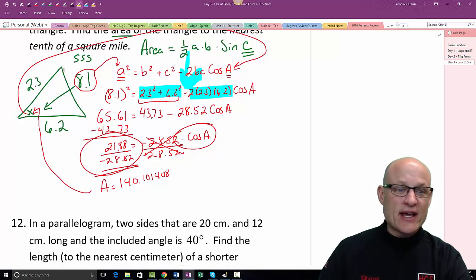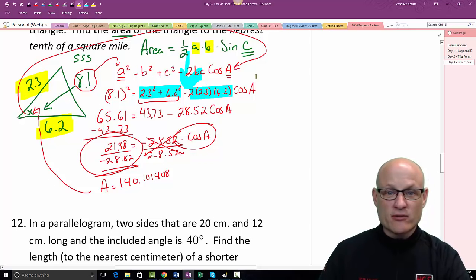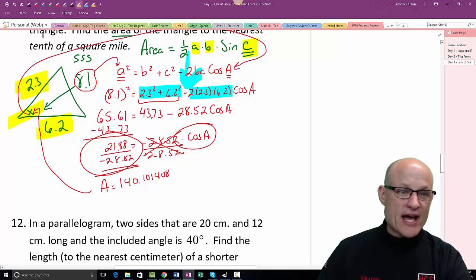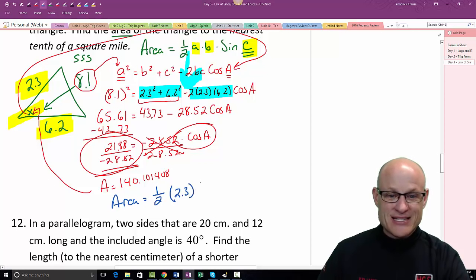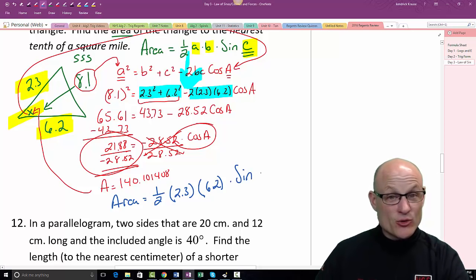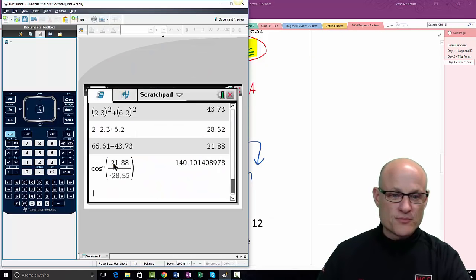And because I'm using that angle, I have to use these sides here and here, because the angle has to be the one that's between them. So now I'm finally going to answer this question. The area is equal to 1/2 times 2.3 times 6.2 times the sine, don't use cosine, the sine of that angle.